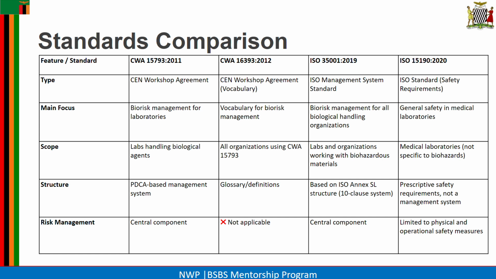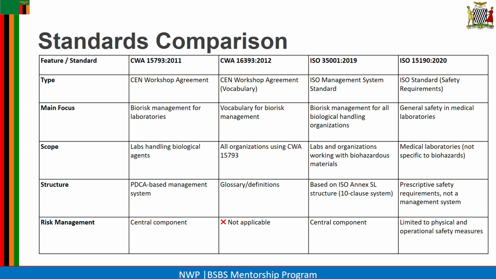So scope: CWA 16393 and 15793, all labs that are handling biological agents. Also 35001, all labs that are handling biohazardous or biological agents. But for 15190, the scope is medical laboratories, not specific to biohazards. So it also looks at other hazards, like we already discussed. It looks at the chemicals, the physical radiation, as well as your fire hazards.